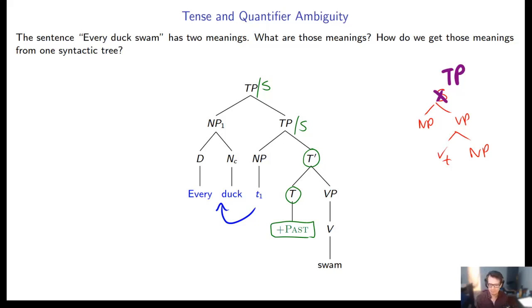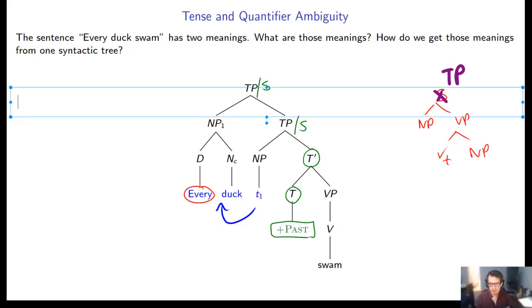The meanings come from an interaction between the quantifier, which I'll circle, that comes with every, and the tense, the past. It might not be obvious what the meanings are right away, but let me spell them out for you. I'll make this box a little bit smaller so it doesn't go over the tree.